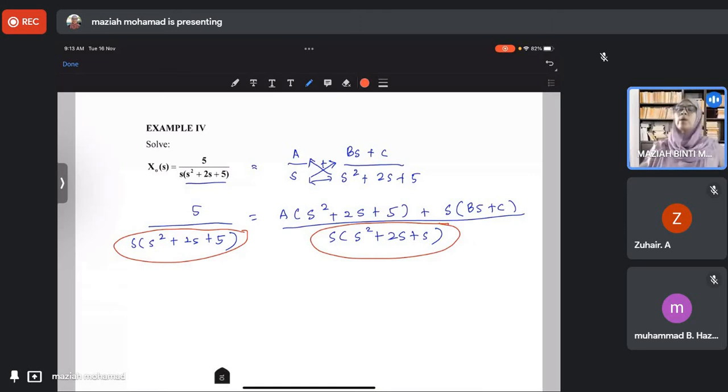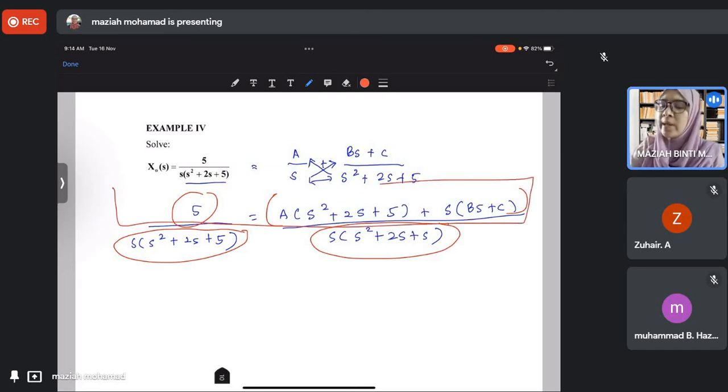We take the numerator here, because the denominator is already the same.